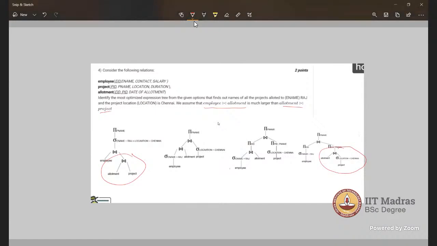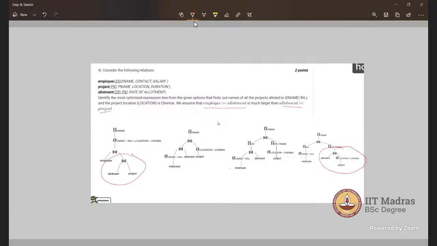So that would be much costlier than what is done in option number D, equation number D. Because if we do some select operation on some table and then we naturally join it, the number of rows gets reduced, and then if we naturally join it, it would be much easier. Thank you, Abhishek. That is the correct explanation.